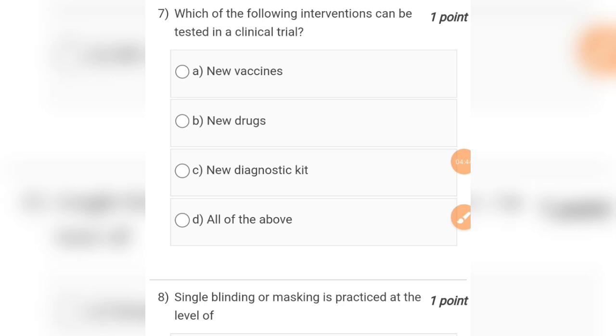There are also 4 options available: new vaccines, new drugs, new diagnostic kit and all the above. So all the above are correct, and option D will be the answer.